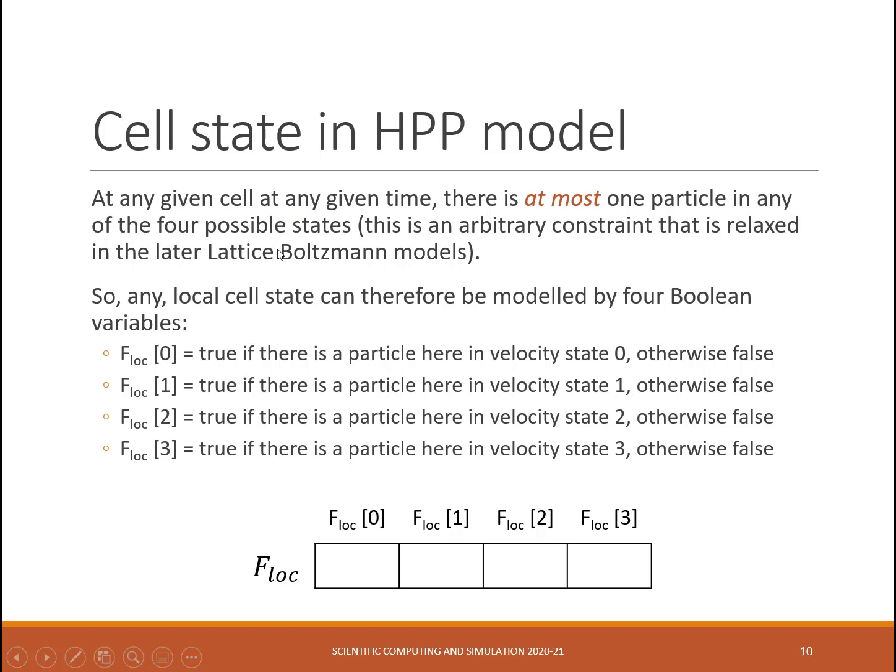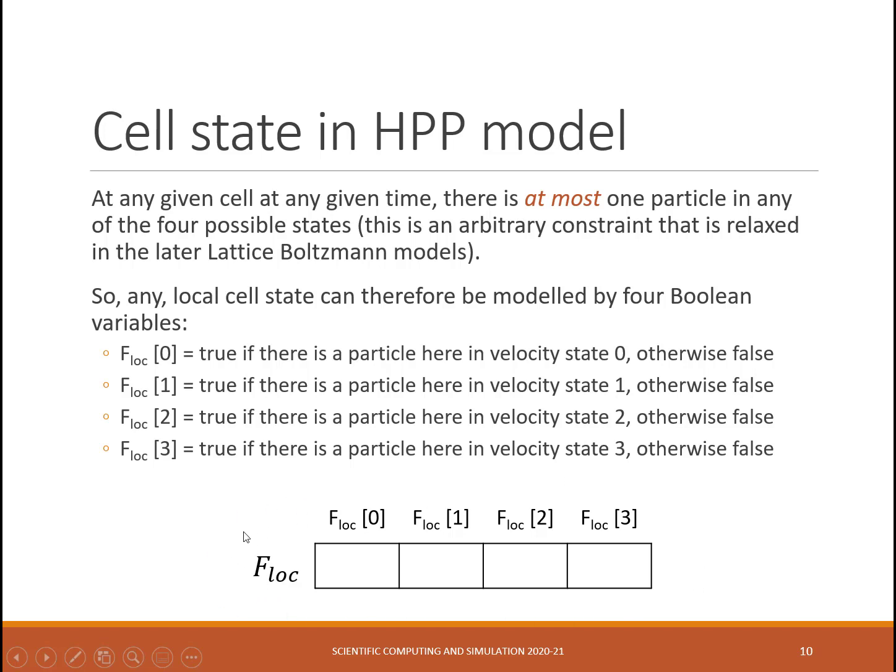As mentioned earlier, these particles can be in one of the four states, 0, 1, 2, or 3. So, the local cell state can be modeled by an array of four Boolean variables. This array is named f, as shown here.